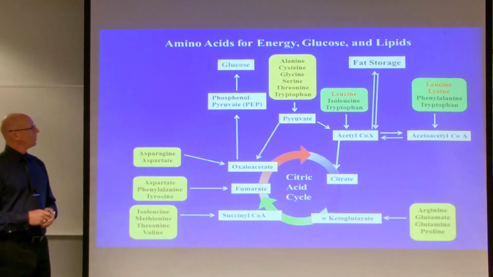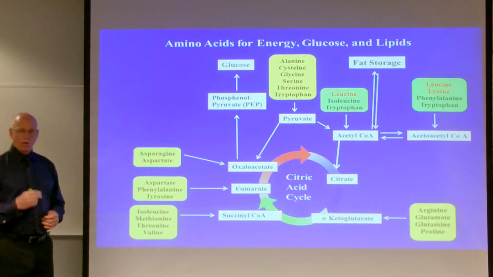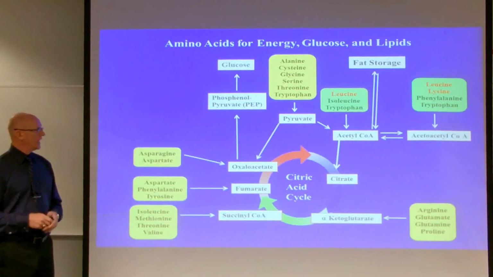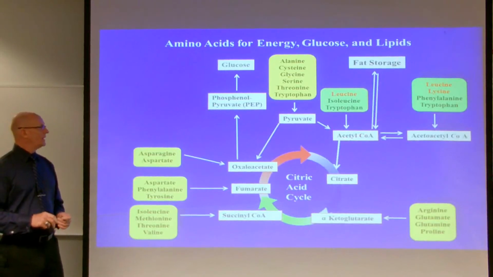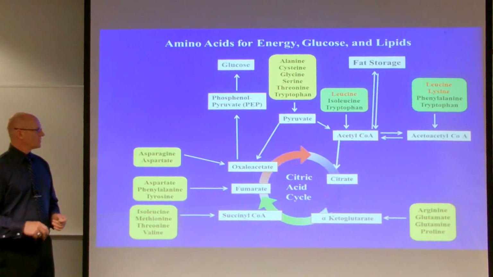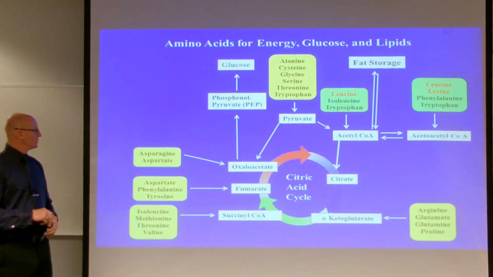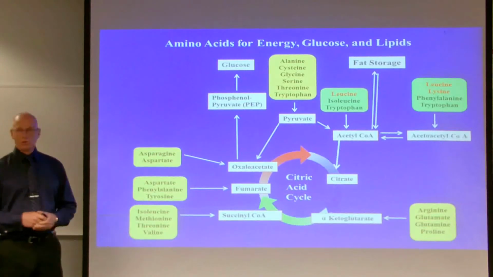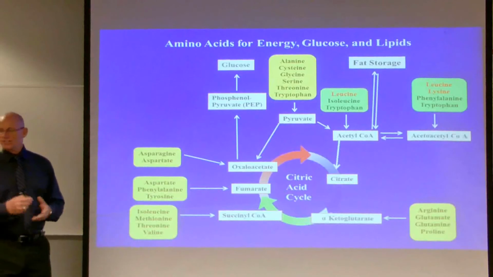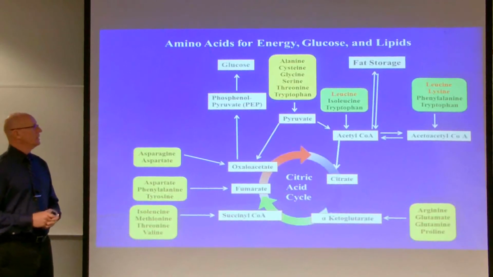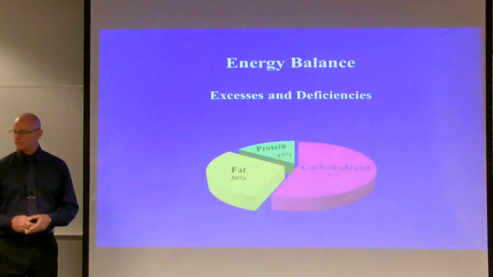So basically, we're looking at two different types of amino acids, glucogenic and ketogenic. Some of these amino acids will go to acetyl-CoA for fat storage, or the TCA cycle and then the electron transport chain. Or the glucogenic amino acids can be made into glucose through gluconeogenesis. So that's how amino acids are used for energy, making glucose or lipids.